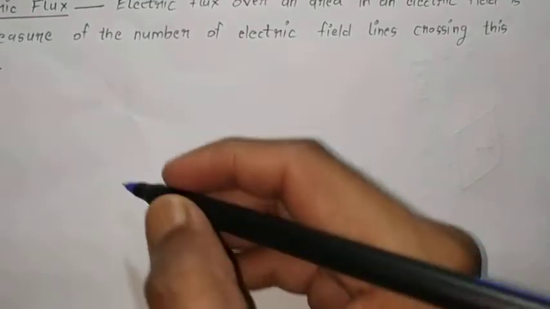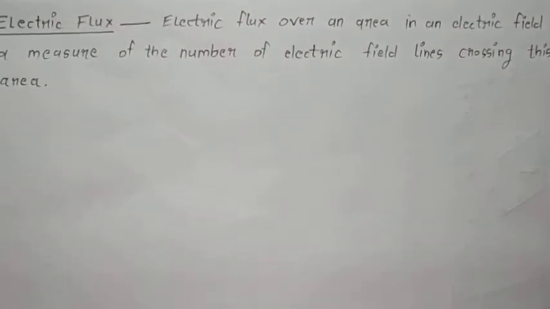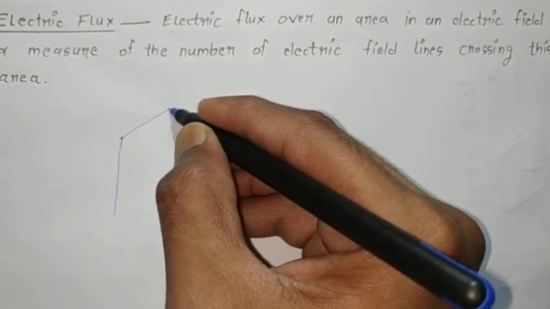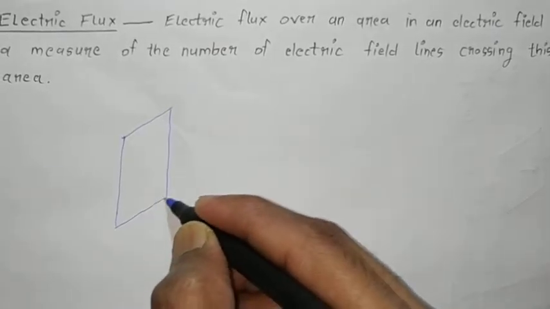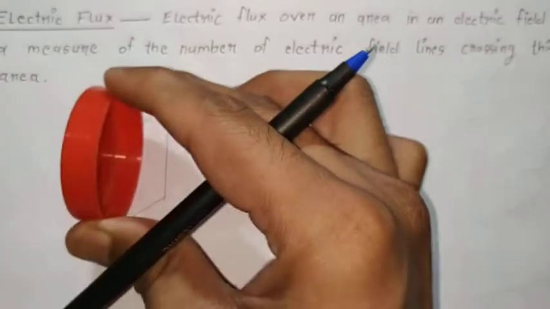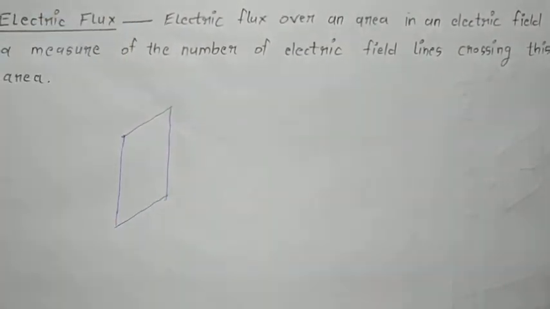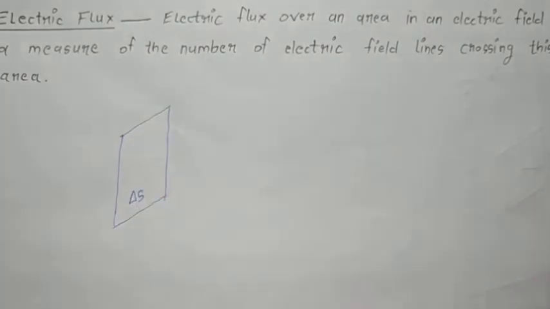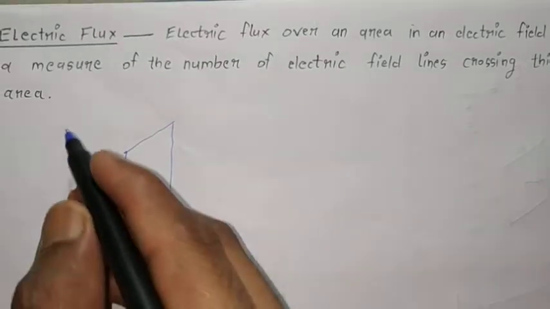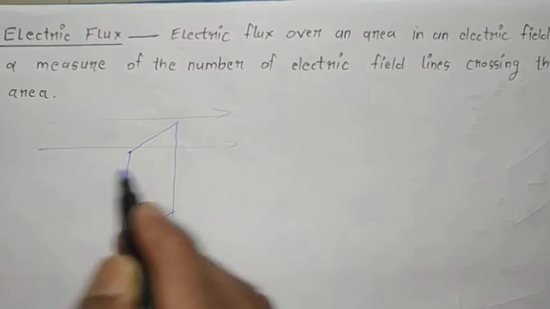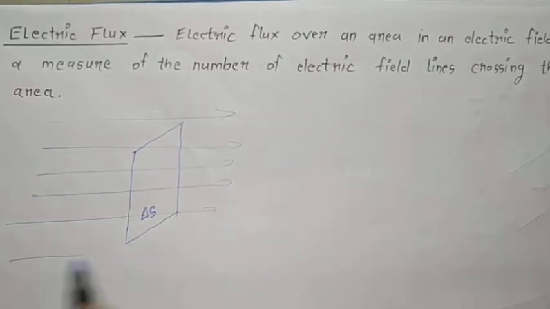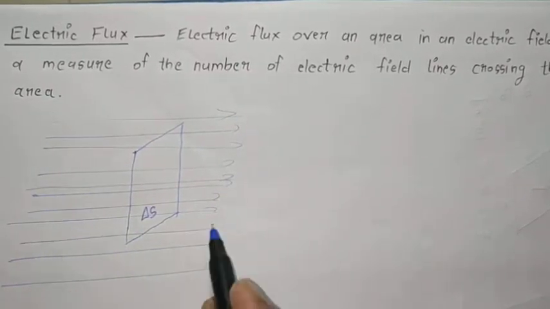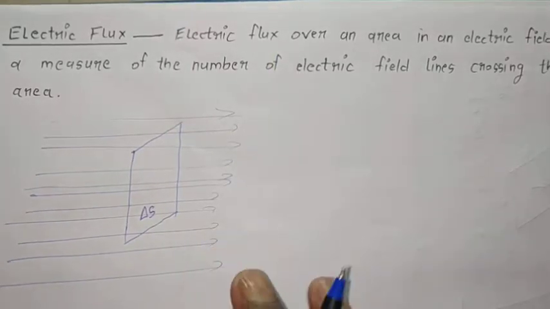If I am considering a surface area placed like this, perpendicular, 90 degrees to the plane, and this total area is delta s, a number of field lines are passing from here.